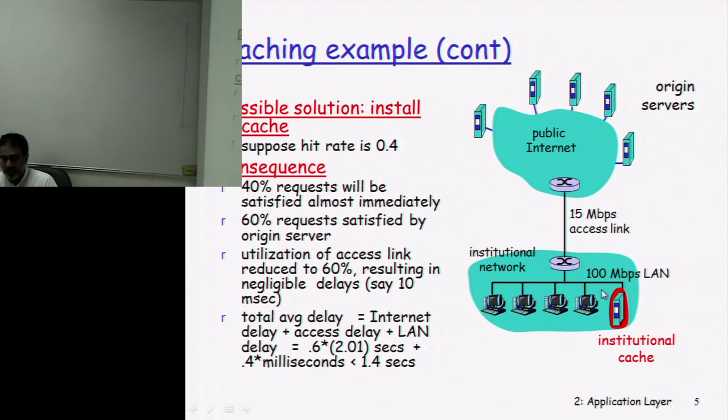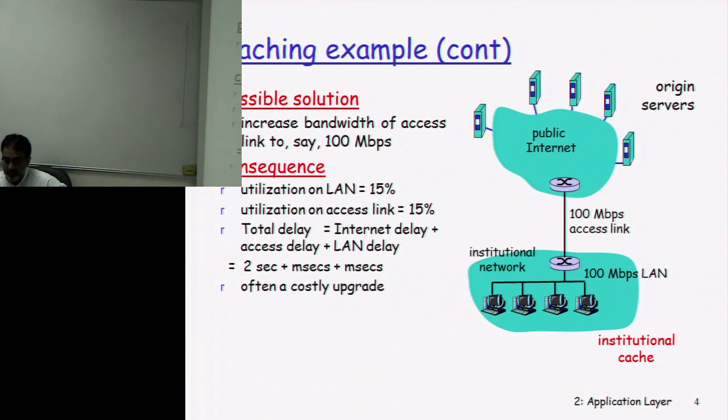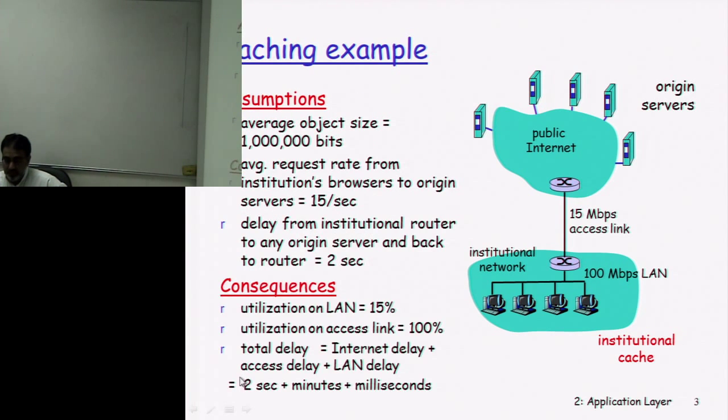Because now the traffic on the LAN will be increased 40%, whatever delay you were facing on the LAN, just multiply it with 40% or 0.4. Whatever delay you were facing on the access link is reduced to 60% now, from 100 to 60. And the internet delay is still 2 seconds, which we are facing over there.